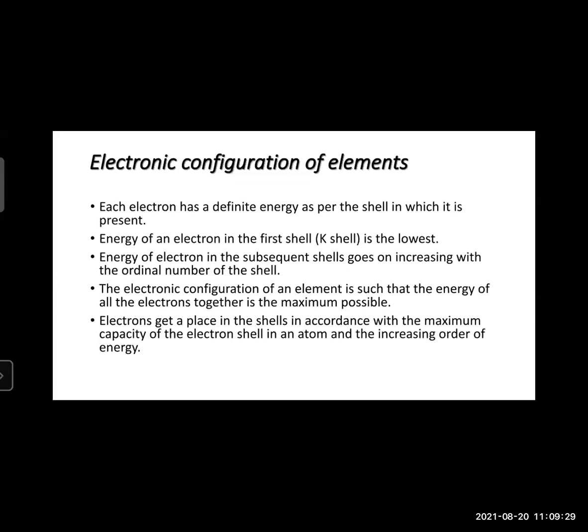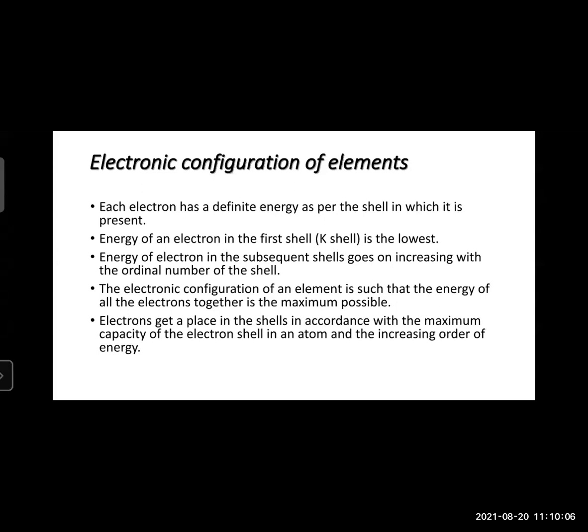Each electron has a definite energy as per the shell in which it is present, and the energy of an electron in the first shell, that is the K shell, is the lowest. The energy of electrons in subsequent shells goes on increasing with the ordinal number of the shell. The electronic configuration of an element is such that the energy of all the electrons together is the minimum possible.